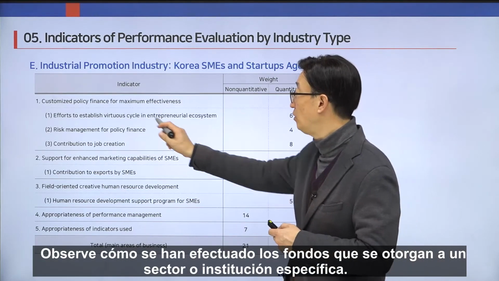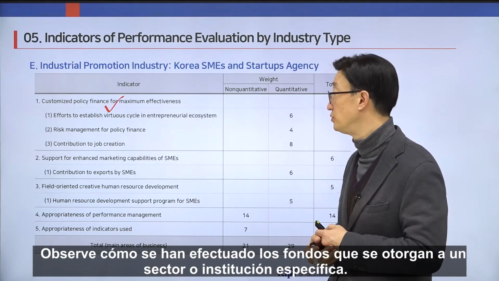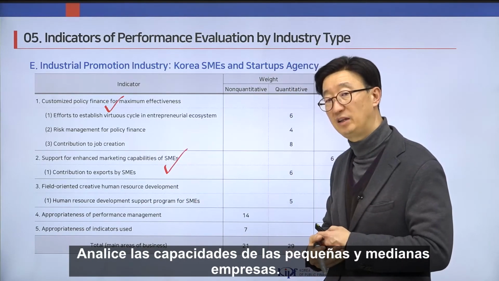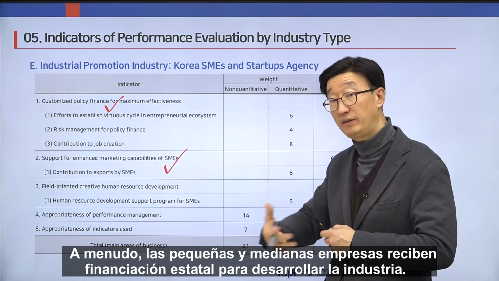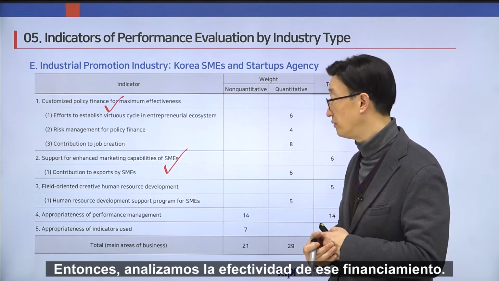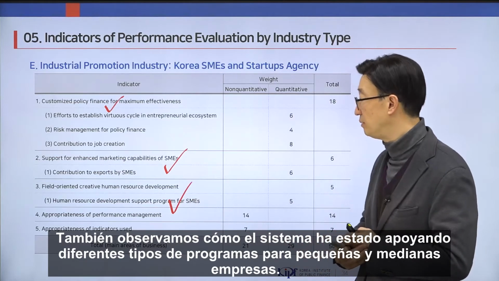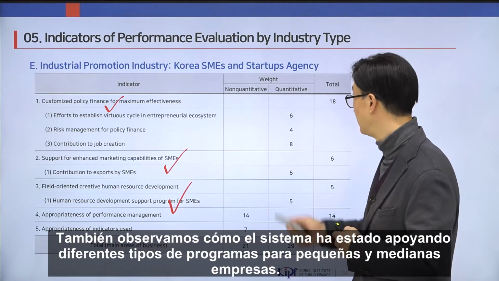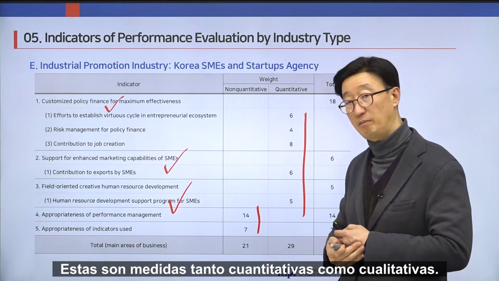And it looks at how the funding that is given to a specific sector or institutions has been effective. It looks at the capabilities of small to medium-sized enterprises. Often small to medium enterprises are given the state funding in order to develop the industry, right? So we look at the effectiveness of that funding. We also look at how the system has been supporting different types of programs for small to medium firms. And these are mainly quantitative measures as well as qualitative measures.